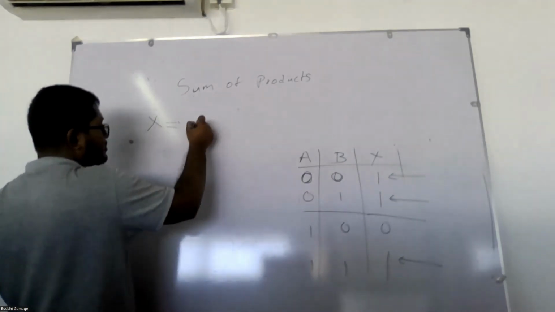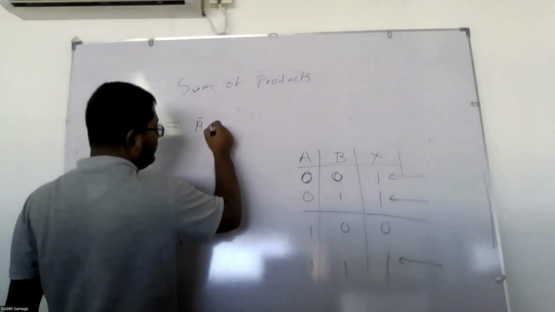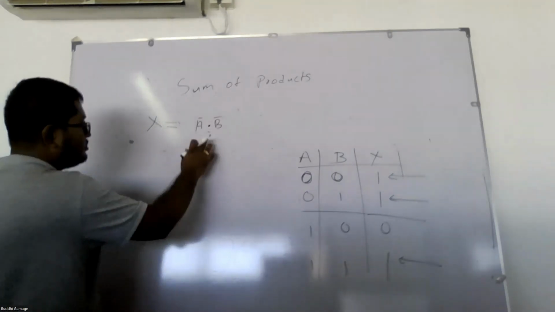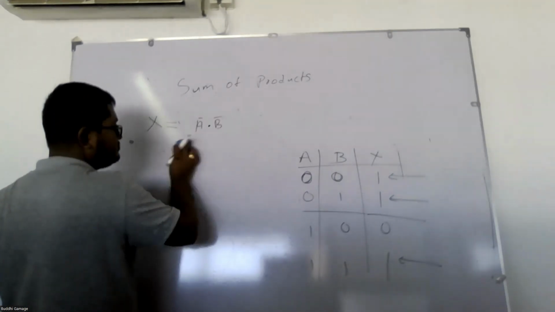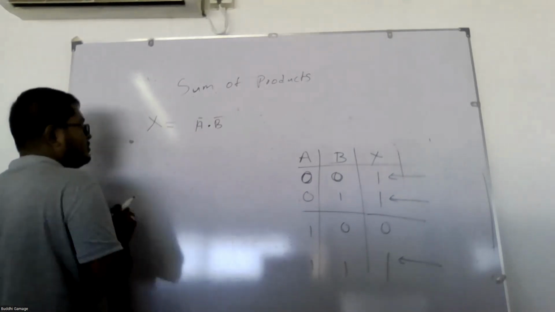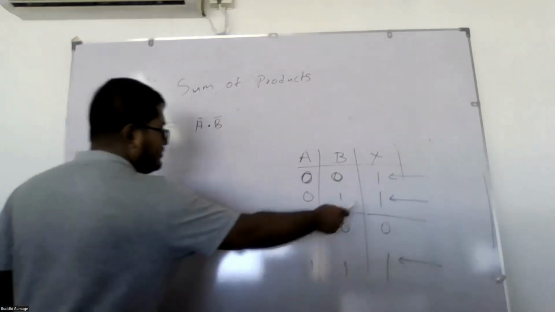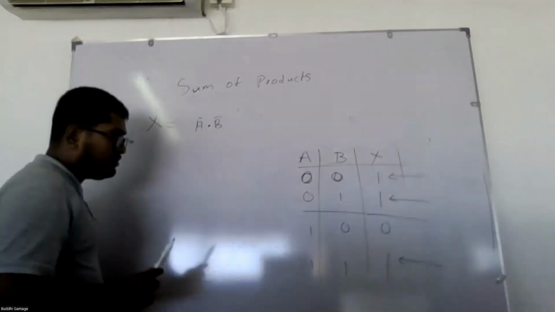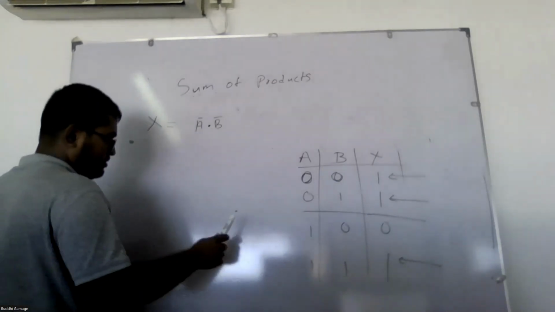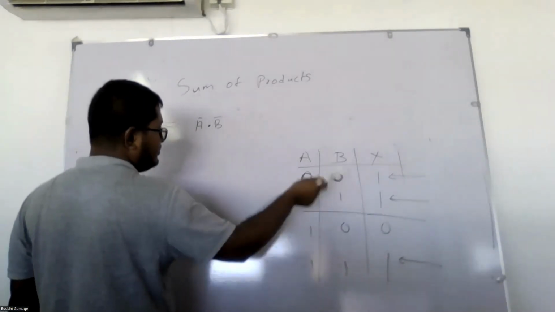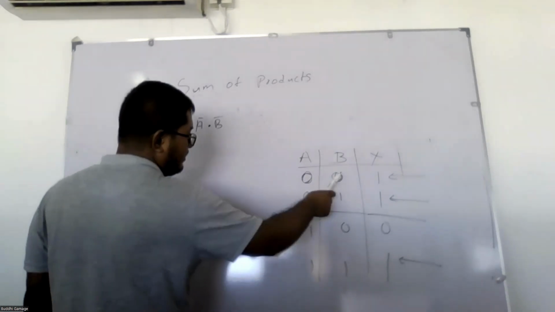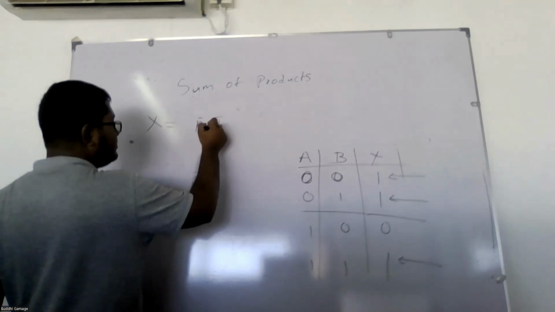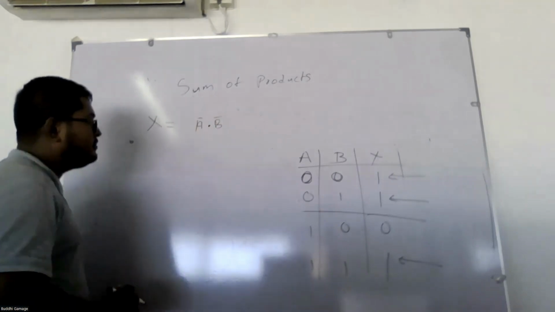That means A bar multiplied by B bar, so it is the dot operator: A bar dot B bar. If this one is to be true, the product of these variables also should be true. Since A is 0, A bar will be 1, and B is 0, so B bar will be 1. That's why we take A bar dot B bar.